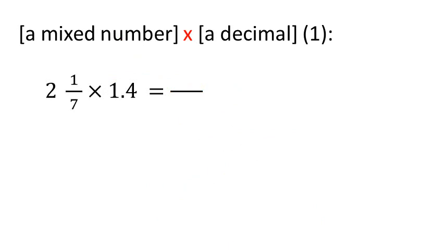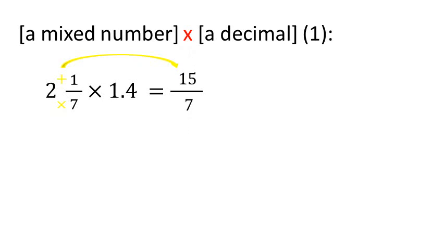Let's try another question. 2 and 1 over 7 times 1.4. First, we need to change a mixed number, 2 and 1 over 7, to an improper fraction. Multiplying 2 by 7 plus 1 becomes 15, and the denominator 7 stays the same.